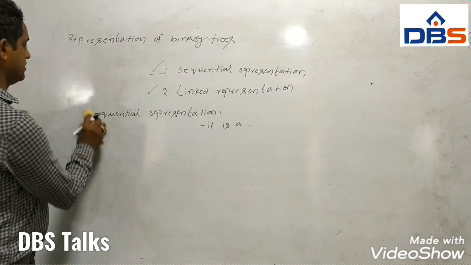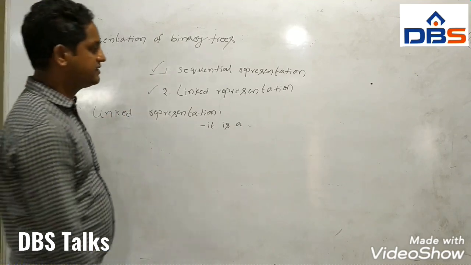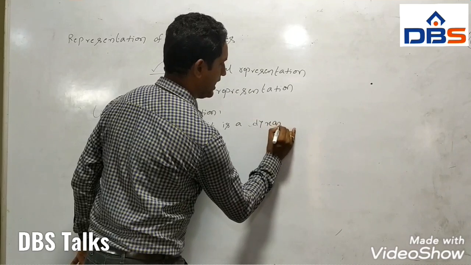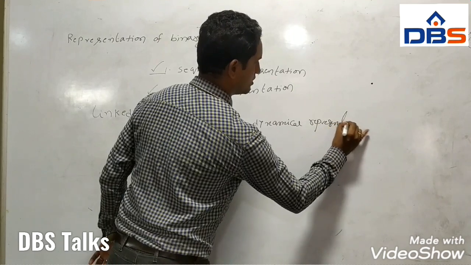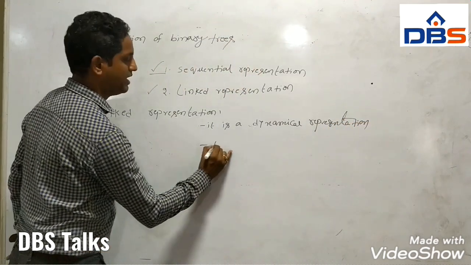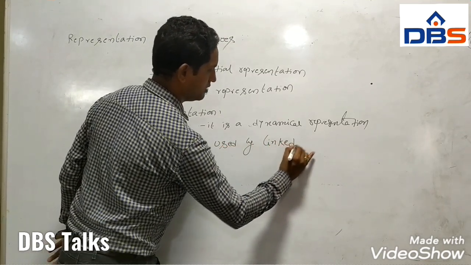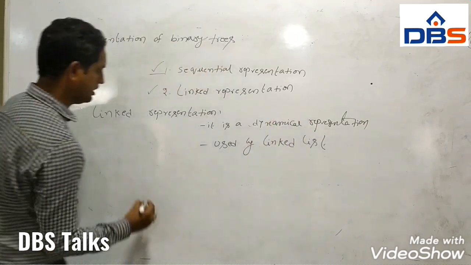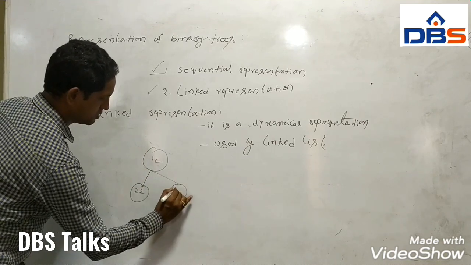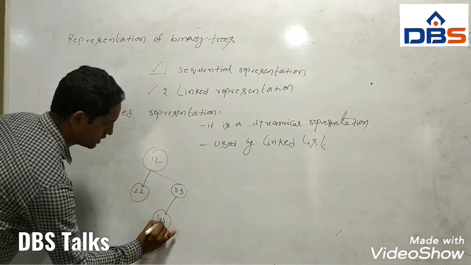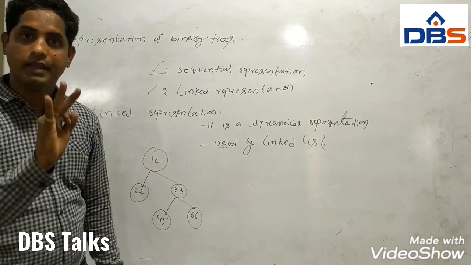In linked representation, it is a dynamic representation, implemented using a linked list. In a linked list, a node will be defined in three parts.